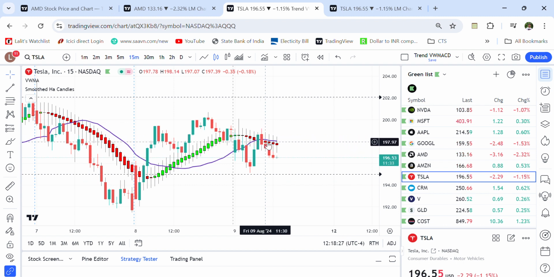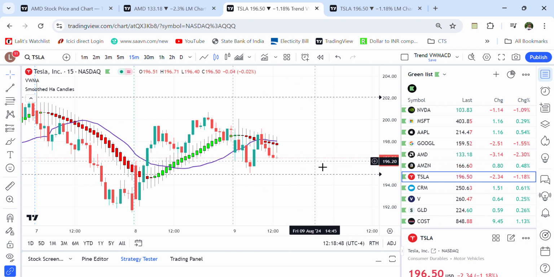Both my indicators are red. 199 would be my stop loss, and I got the entry at 197.74, which means around $1.5 risk. So I would wait for a target of 196, and you can see that it has already achieved 196.5. Another 50 cents and my target would have been achieved for the Tesla put, and I will book my gains.